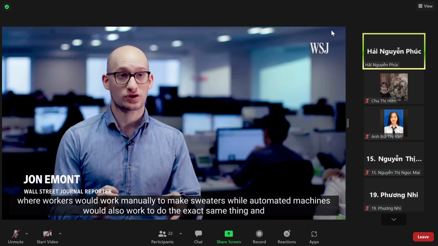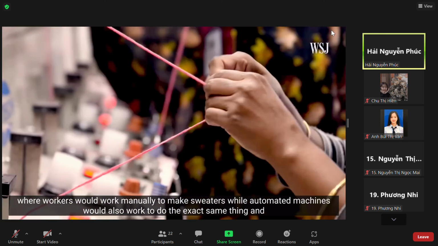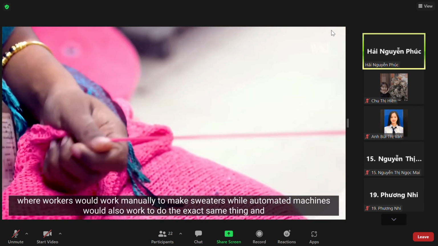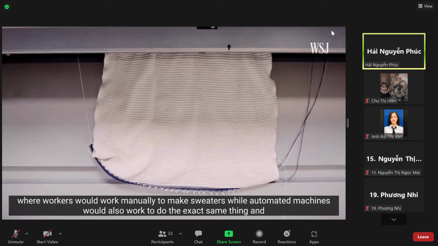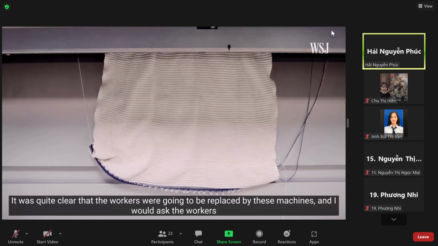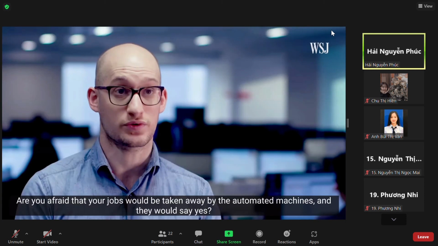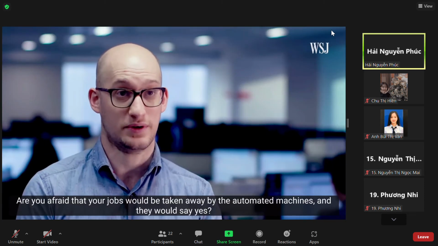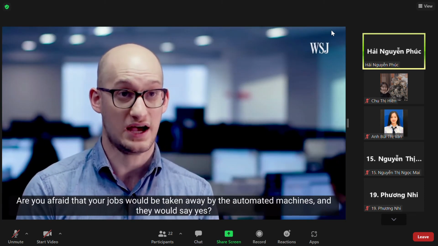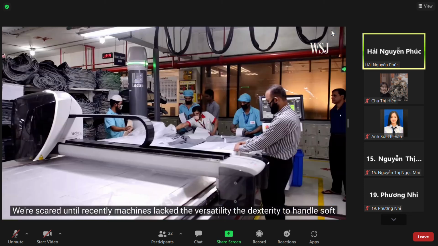I would visit factories in Dhaka where workers would work manually to make sweaters while automated machines would also work to do the exact same thing. And it was quite clear that the workers were going to be replaced by these machines. And I would ask the workers, are you afraid that your jobs will be taken away by the automated machines? And they would say, yes, we're scared.